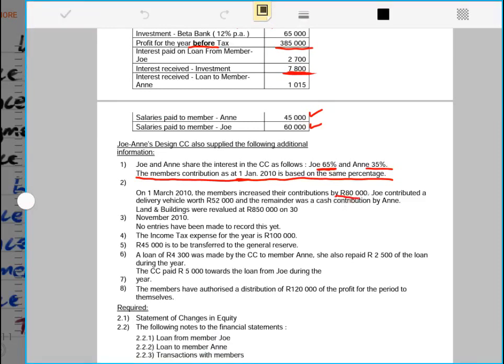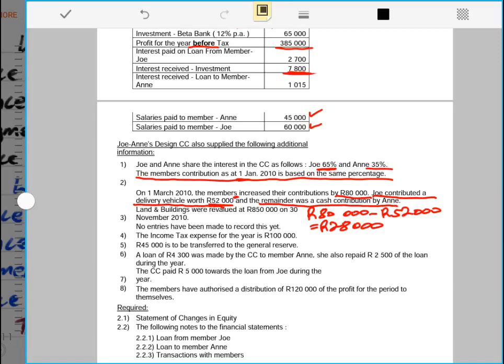Remember, the members increased their capital contribution by 80,000 rands, of which Joe contributed a delivery vehicle worth 52,000 rands, and the remainder was a cash contribution by N. So if we say 80,000 rands minus the 52,000 rands contributed by Joe, it will give us the remainder of the cash being 28,000 rands, which is a member contribution by N.